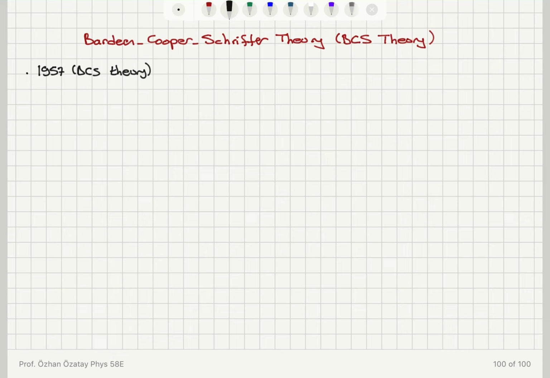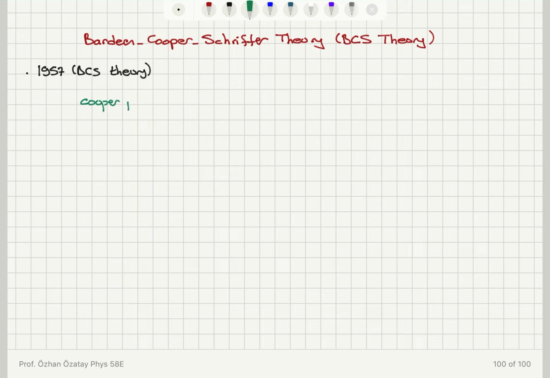This electron will normally attract the nearby positively charged ions in the lattice, and the deformed lattice causes another electron with opposite spin to move in and correlate with the previous electron so that they form Cooper pairs. So this is based on the idea of forming a Cooper pair.